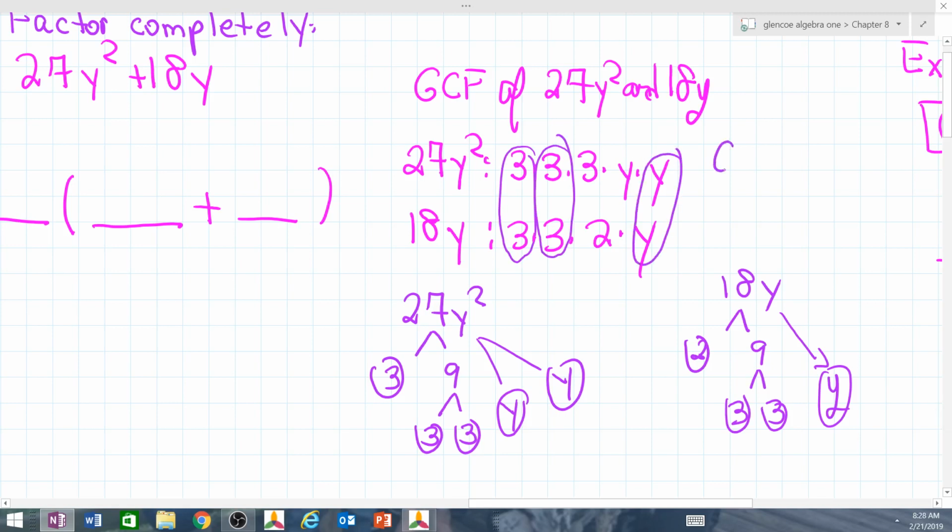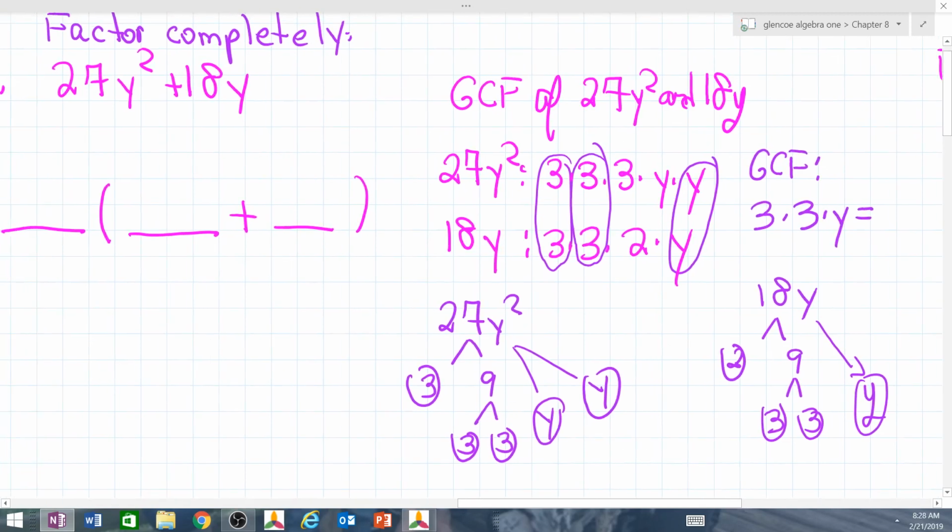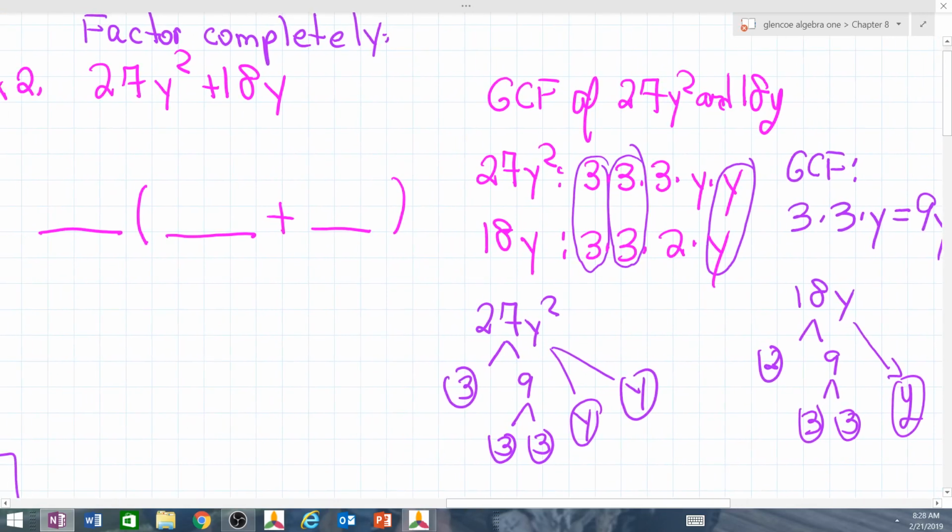To find the GCF, we multiply those together. So this would be 3 times 3 times y, or my GCF would be what, guys? 9y. And so my GCF goes right here outside of the parentheses.